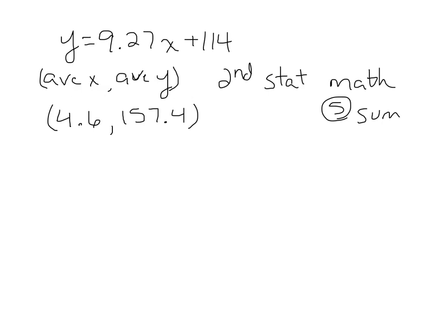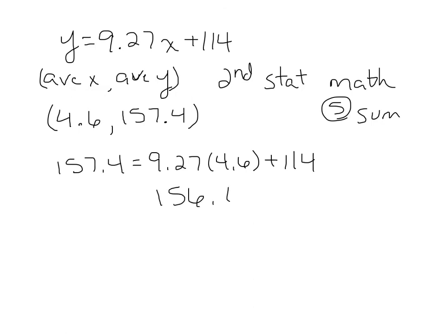So we check the y was 157.4, which should be equal to 9.27 times 4.6 plus 114. So 9.27 times 4.6 plus 114 is 156.6. So taking into account rounding, that is close enough to consider the centroid on the line of best fit.